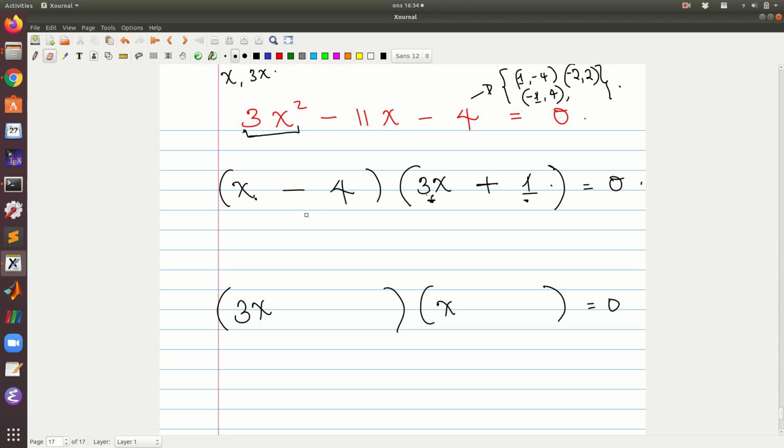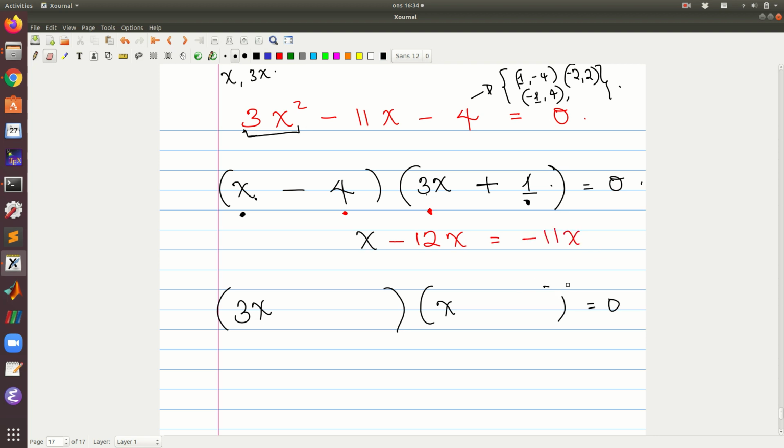The middle term, by the way, is dictated by, if you have realized, the outer terms. So this outer term and this outer term gives us x, and then this inner term and this other inner term gives us minus 12x, for which x minus that is minus 11x.